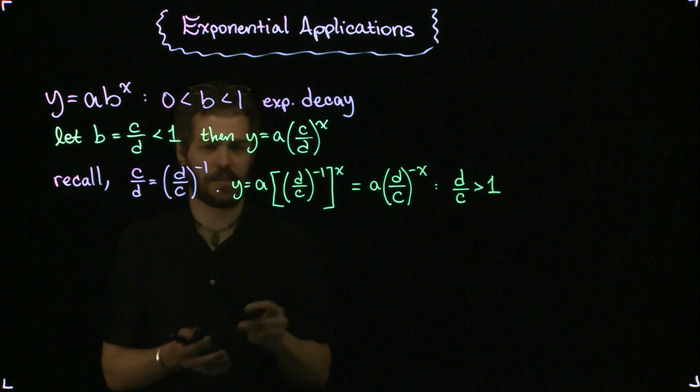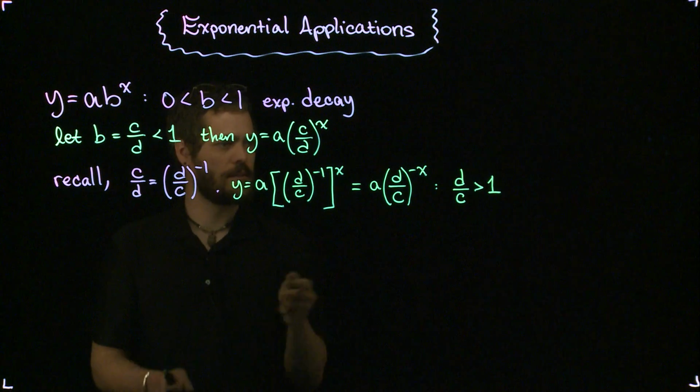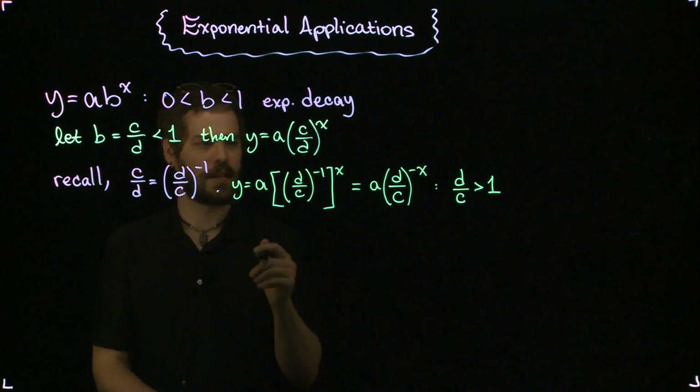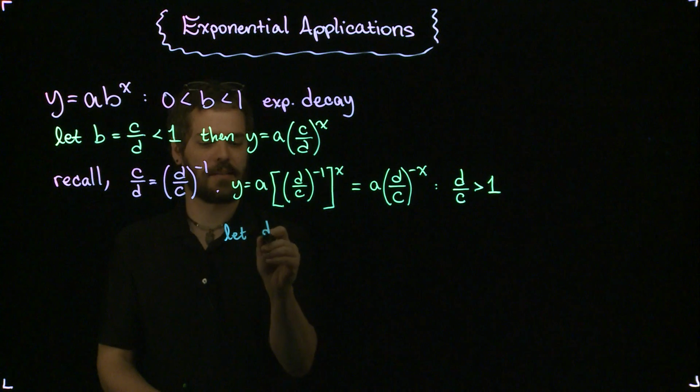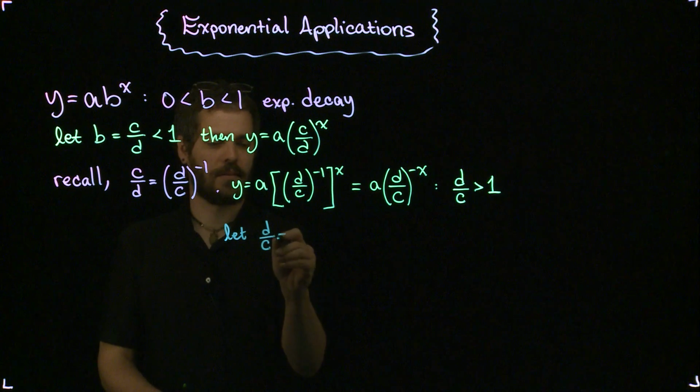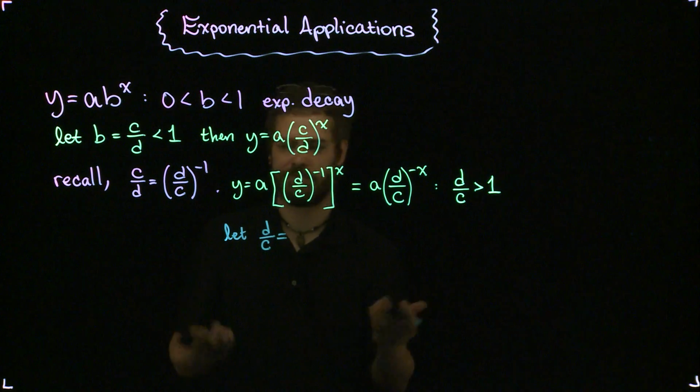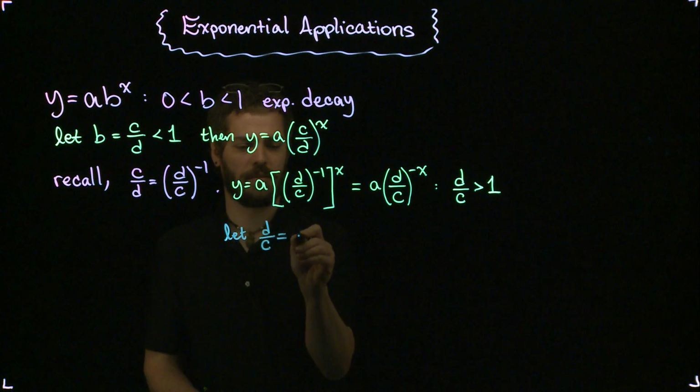So now my function looks like, I'll do it in blue. Let me just call the d over c something else. How about g?